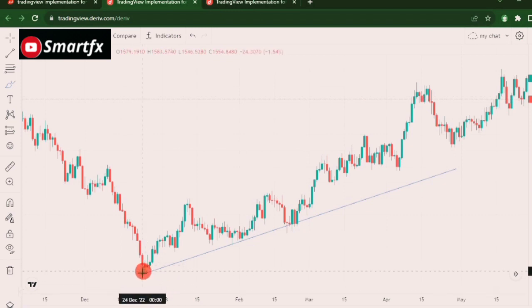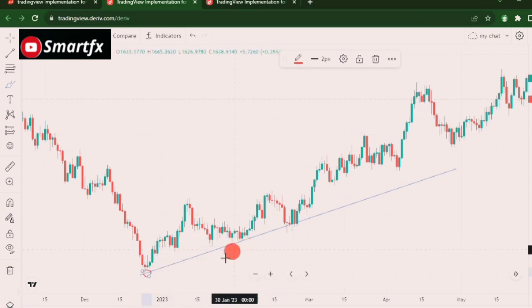So when the market gives you this point here, you draw your line, and then when it gives you another point, you need this point and this point to make your line. So you've seen this point and you've seen this point again. So you draw your trend line.